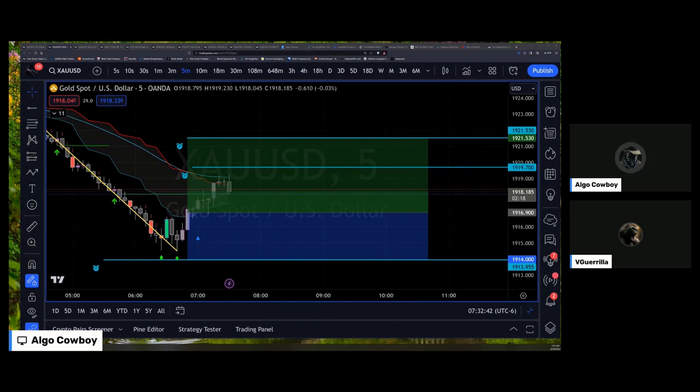Interesting, I'm not sure how to modify this position. Let's see. Close position. There we go. So I just closed half that position. And I'll close it all. It's a test trade. Screw it. It's good enough.